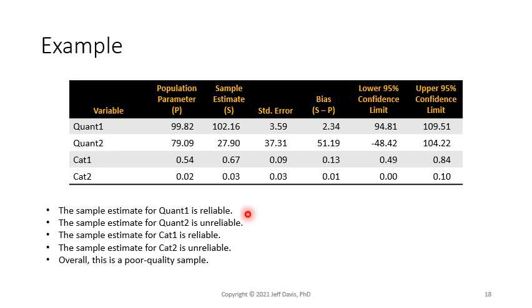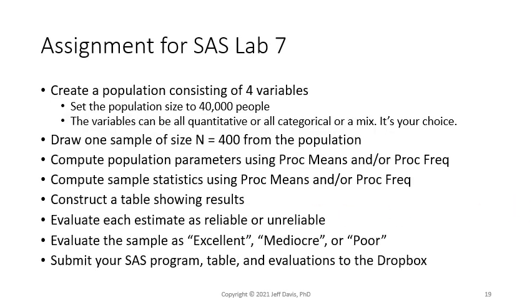Let's see, what else do we have here? Okay, so your assignment for Lab 7. You can do things just as I set it up in the previous slides. Create a population consisting of 4 variables.